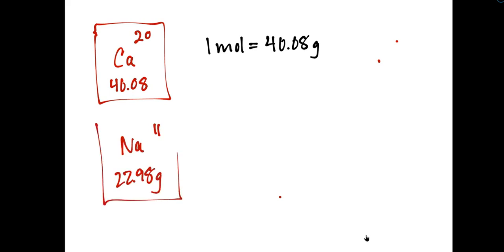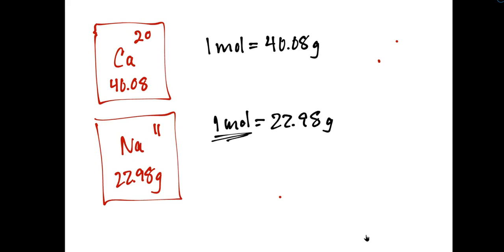You could put that on your periodic table. It says 1 mole, 1 unit equals 22.98 grams. So let's just say a mole is like a dozen or some collection. They always have the same number of things. But for calcium, when you have that, it's 40 grams. Sodium is smaller, so it's 22.98.